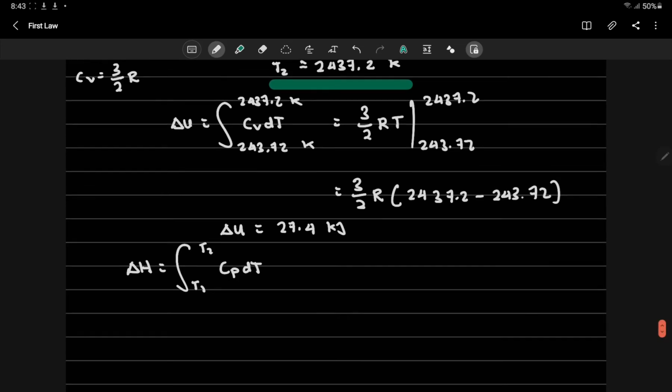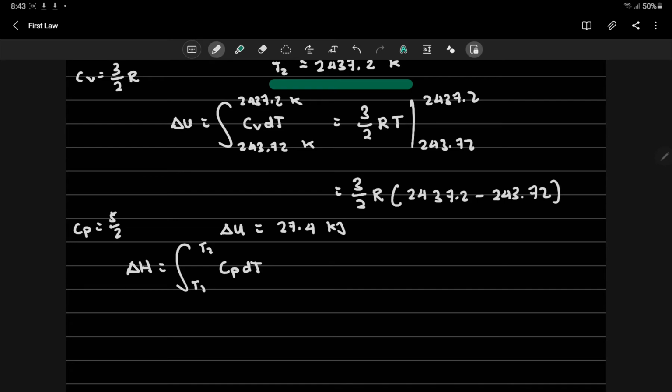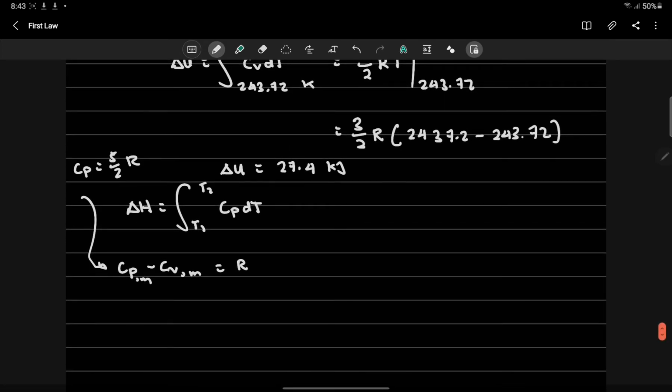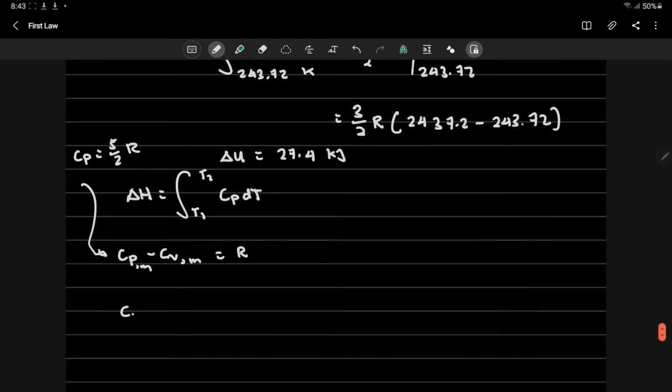Since it's an ideal monoatomic gas, our Cp value will be 5/2 times R. Or, just an aside here, remember that Cp minus Cv, in terms of molar heat capacities, is just equal to R. So if our CV earlier is 3/2 R, then Cp minus 3/2 R equals R. Therefore, you get Cp as 5/2 R.